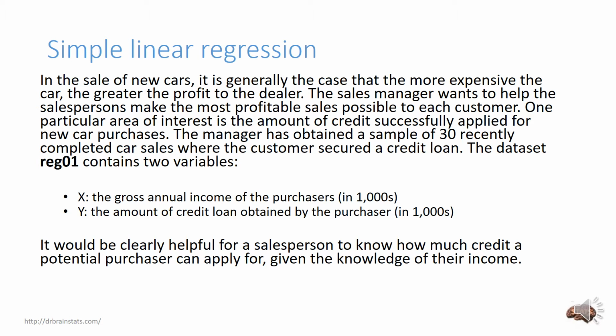The dataset Reg01 contains two variables, x, the gross annual income of a purchaser in thousands, and y, the amount of credit loan obtained by the purchaser. It would be clearly helpful for a salesperson to know how much credit a potential purchaser can apply for, given the knowledge of their income.